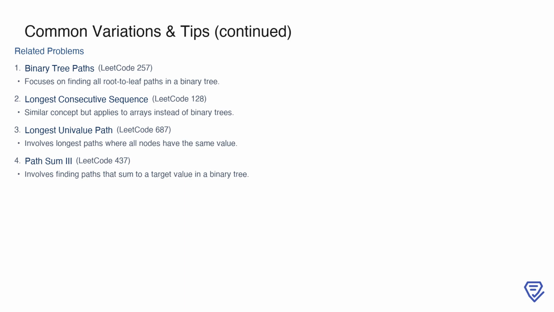You might also look into longest univalue path, which involves finding the longest path in a tree where all nodes have the same value. Lastly, Path Sum 3 is a great problem to study. It emphasizes finding paths with specific target sums, which, like this problem, requires careful traversal and condition tracking. Exploring these problems can help reinforce the techniques and concepts needed to tackle tree-based challenges effectively.